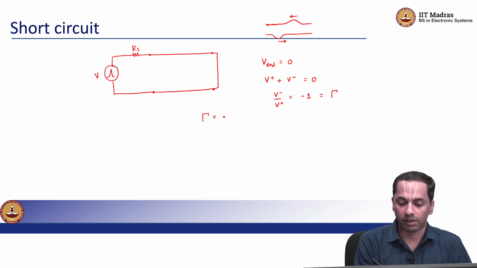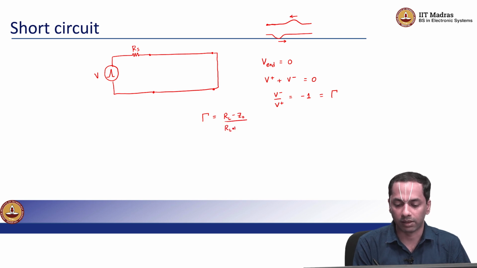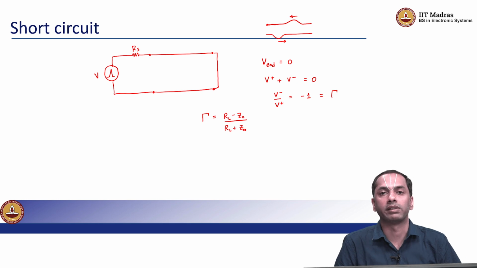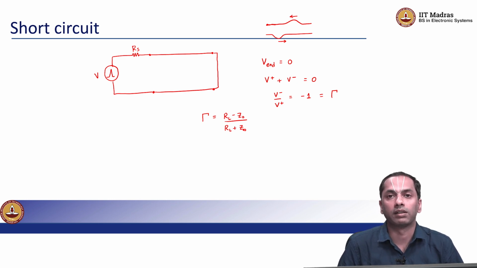So, rather than remembering a formula saying that gamma is RL minus Z naught by RL plus Z naught, and that for RL being equal to 0, you get gamma of minus 1, right, which is fine, but I think it's easier to know that these limiting conditions or special cases for load resistances, one can actually picture in terms of the short circuit voltage or the open circuit current and setting them to 0, and you notice that the voltage reflection coefficient becomes quite natural.